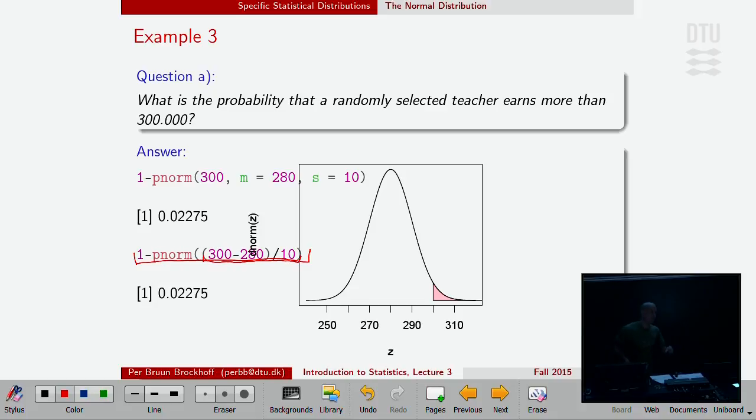This is why I'm saying maybe we could just skip all this standardization thing by hand, because of course that is built into the R function, that we can tell the R function to use the mean 280, use standard deviation 10. The M and the S are the R names for mean and standard deviation in the normal call, and then find the probability to be below or equal to 300 using those mu and sigma, and that would give me the same answer, right?